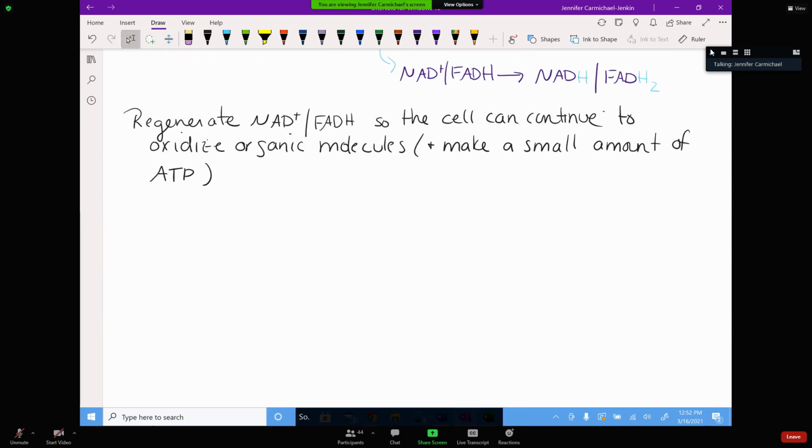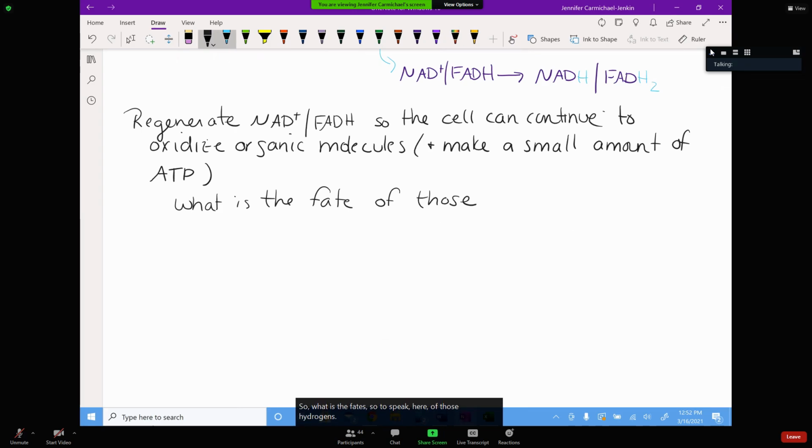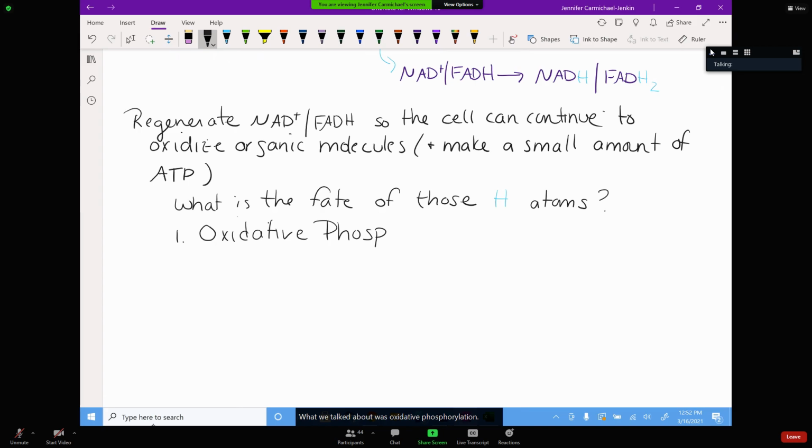So what is the fate, so to speak, of those hydrogens? What we talked about was oxidative phosphorylation. That's really where the grunt work is in cellular respiration. Glycolysis and the citric acid cycle are easy.